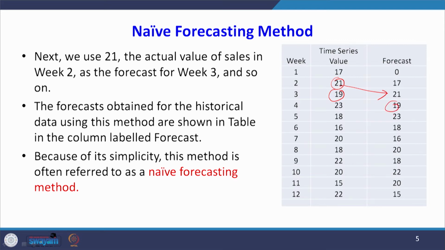The forecasts obtained for the historical data using this method are shown in the table in the column labeled forecast. Because of its simplicity, this method is often referred to as the naive forecasting method.